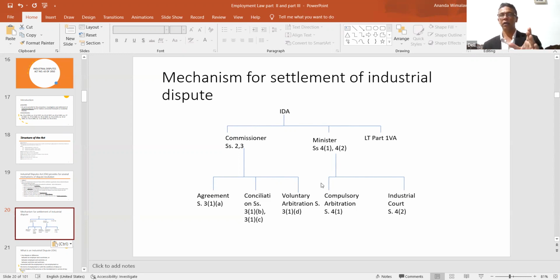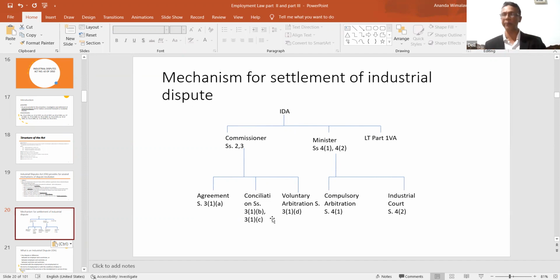And if not, then the conciliation, this is the major part. Section 3.1b means it can be referred to an authorized officer. The Commissioner General can appoint an authorized officer and ask him to settle through conciliation.